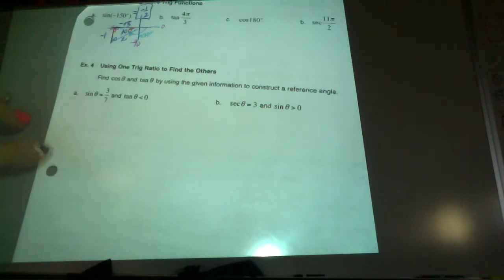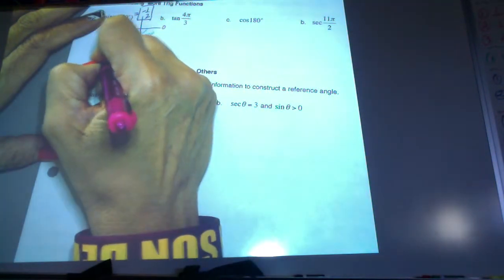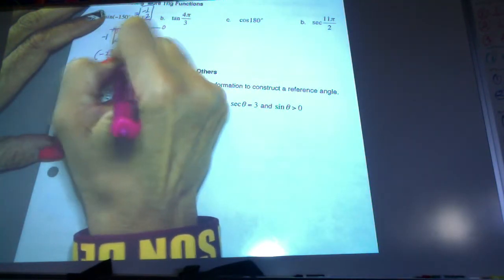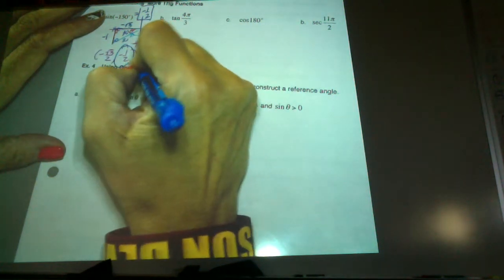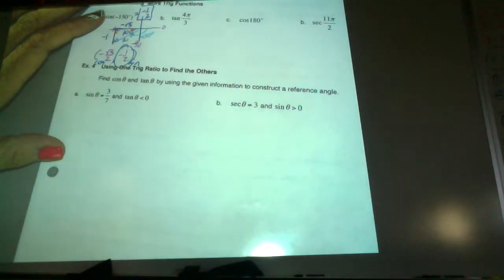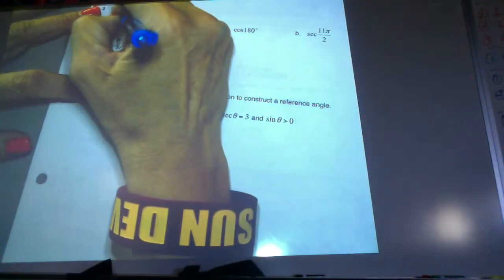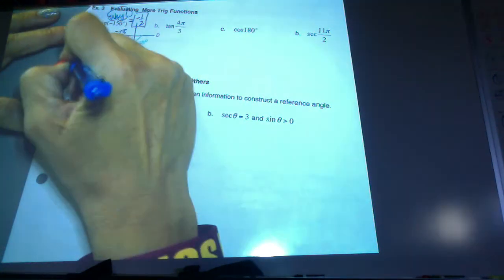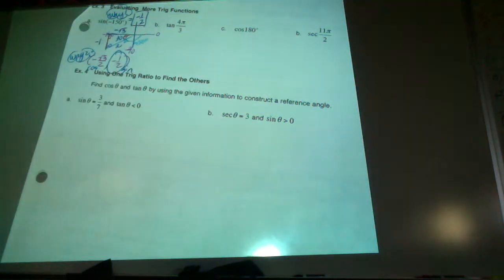Off of your unit circle, the ordered pair that we had was negative radical 3 over 2, comma negative 1/2. This was the value that was sine, because this one's cosine. So either way, this is way 1, this is way 2. It doesn't matter which way.